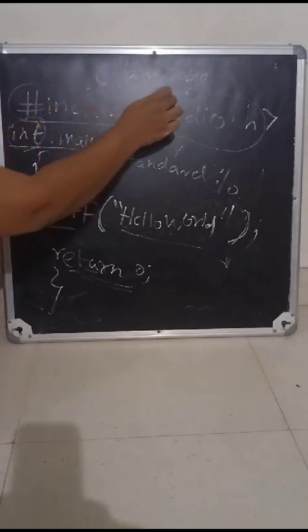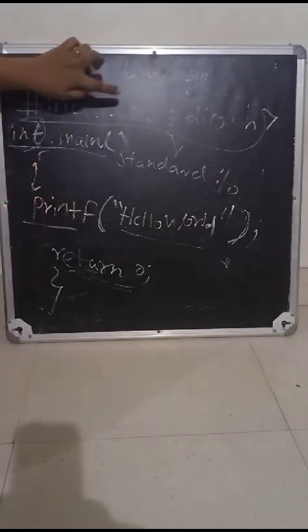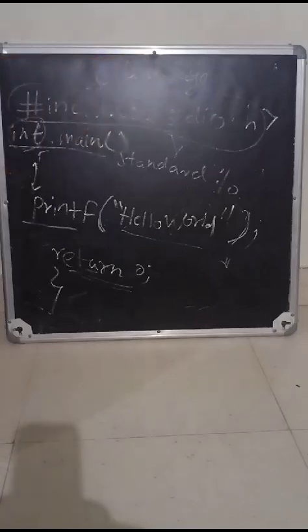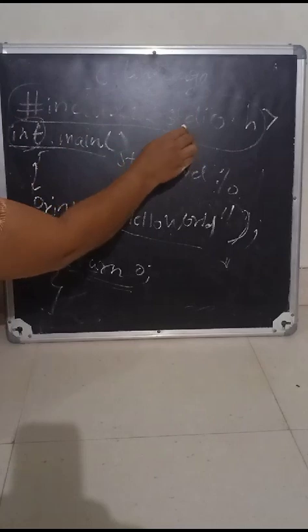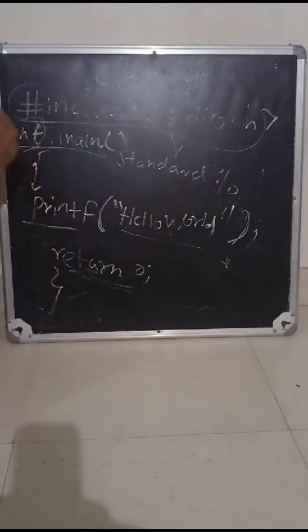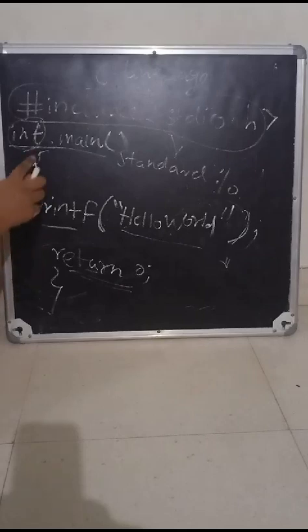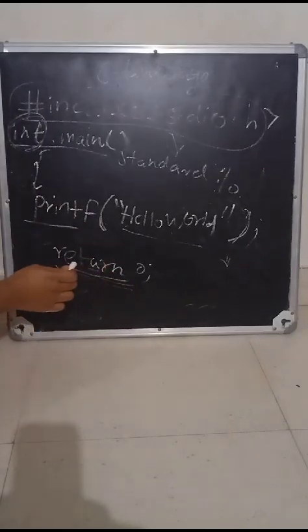So when I code with C, I have to add #include <stdio.h>, which is a header file for standard input and output. Next I have to add my main function. In the main function I have used int type, so I have to add a return statement.